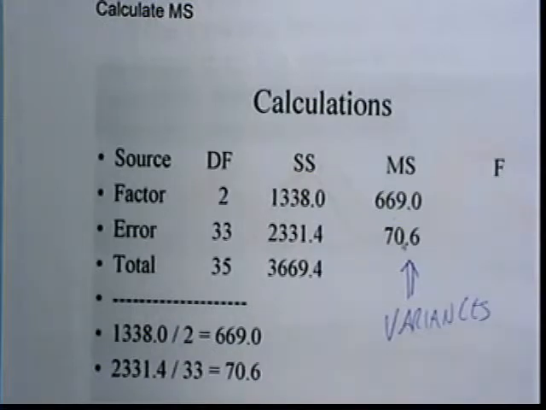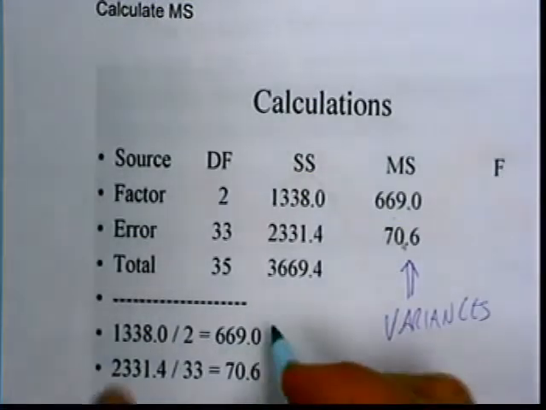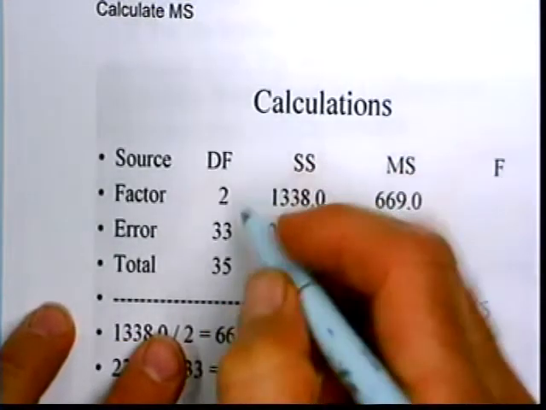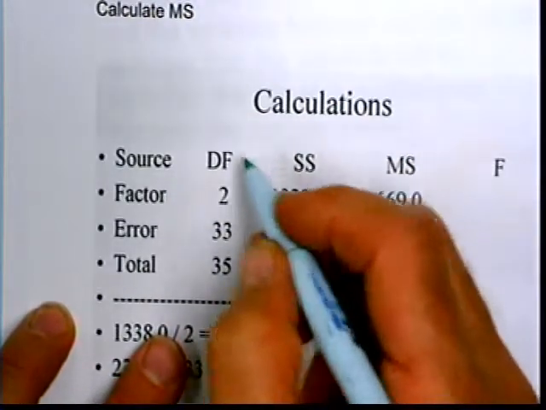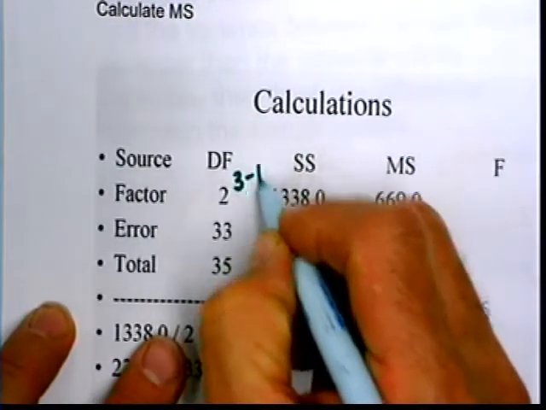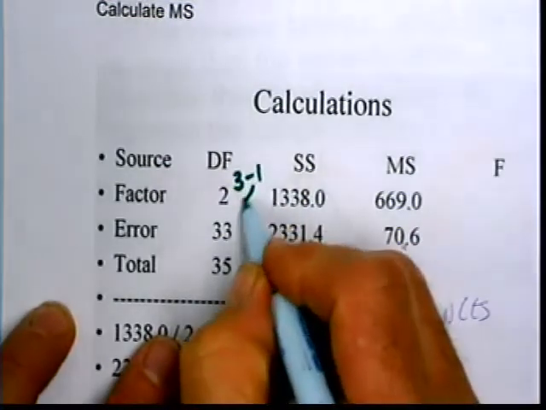And then the other thing that I wanted to point out was on these values here: this degrees of freedom was the number of groups, which was 3, minus 1.